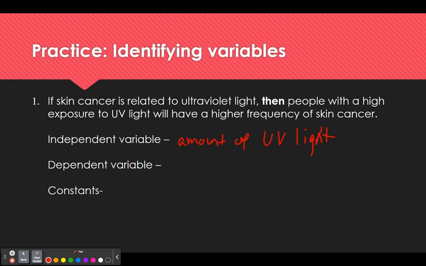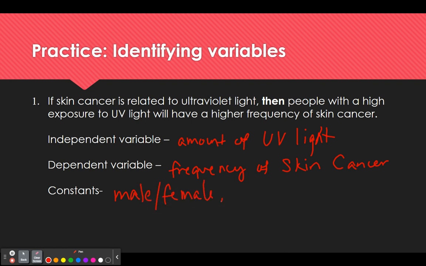And then what we are measuring as a result would be things like frequency of skin cancer. So the amount of skin cancer depends, the dependent variable, on how much UV light is provided to that person.